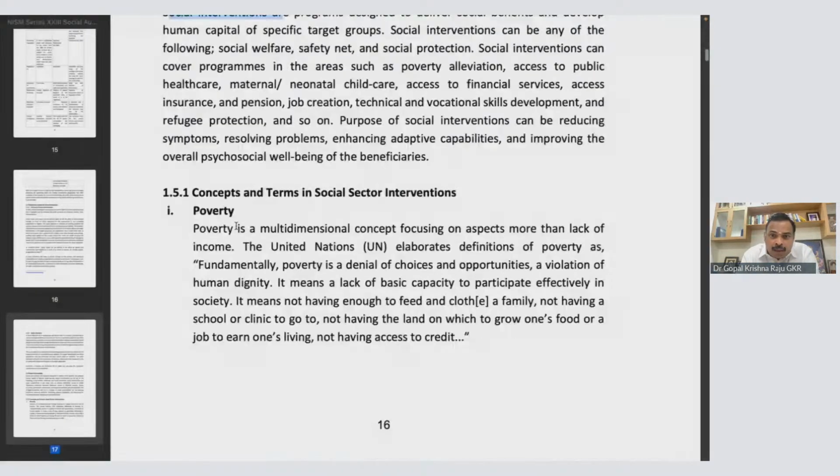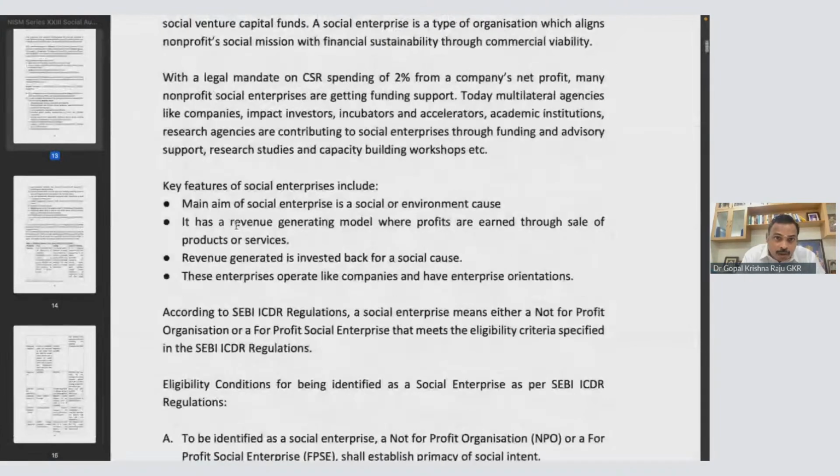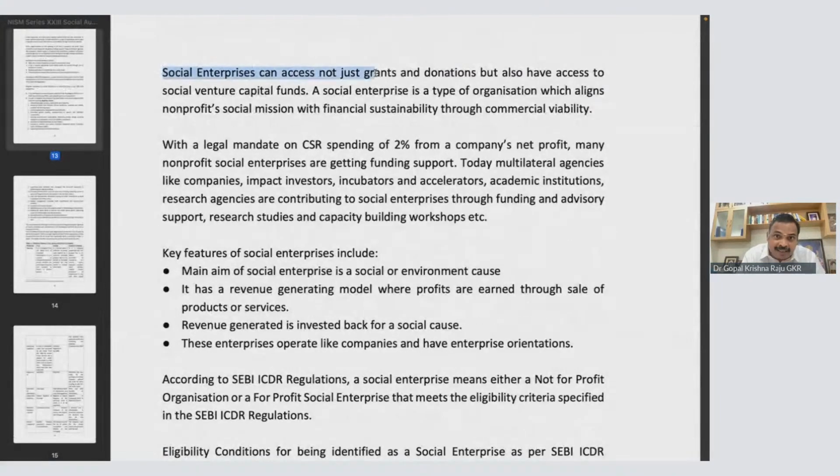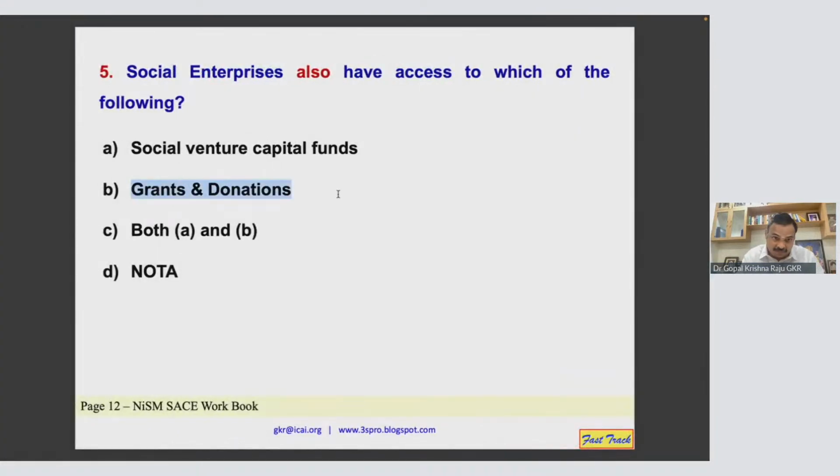Now, I'm bringing it to your attention on page number 12, guys. Look at this. Social enterprises have access to grants and donations. Originally, we had charitable organizations and profit organizations, separate. Now you have a via media.